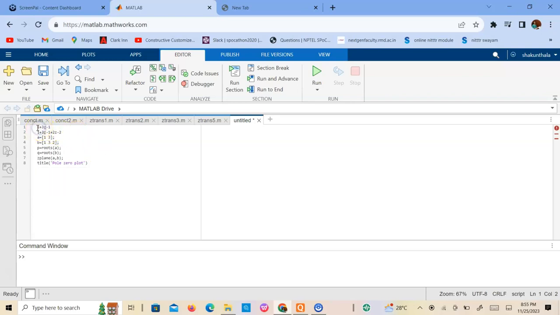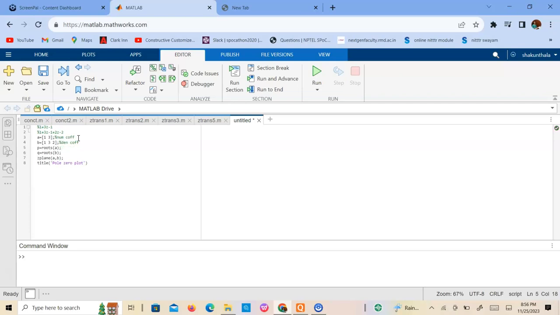So this one I don't want, so just give percentage, this will become a comment. Similarly give the second statement also as a comment, okay. So this one is what? Numerator coefficient, this one is what? Denominator coefficient, okay, just for your reference. And then here you are finding out the roots.